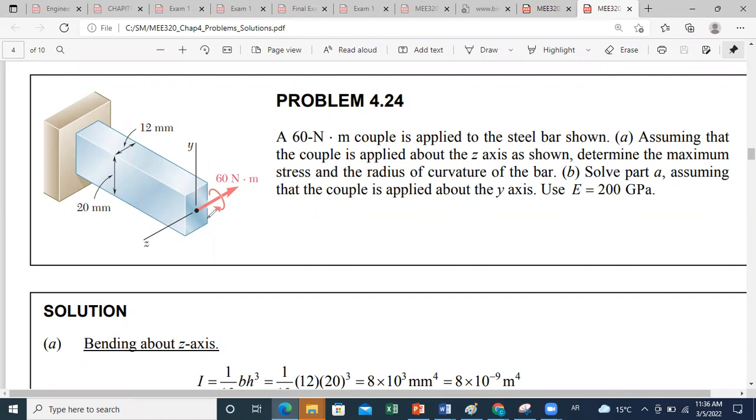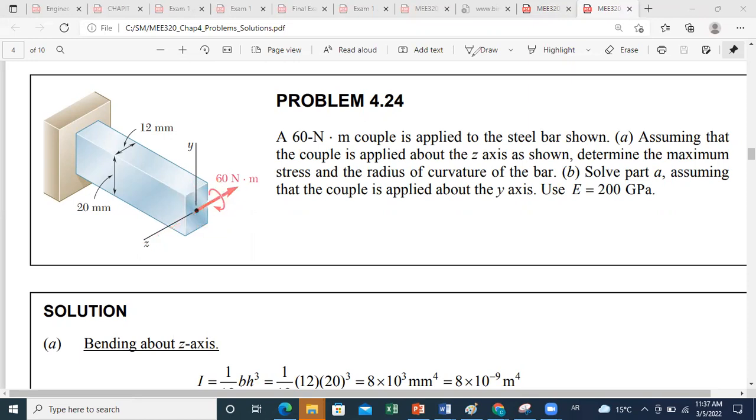Because if you put a vector like this, then your moment will be along z direction. And if you put a couple like this, then it will be along y direction, but both will create bending effects. Okay.